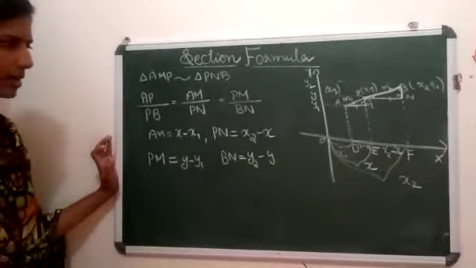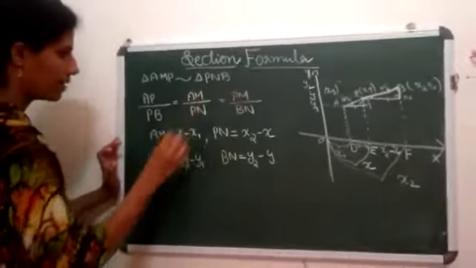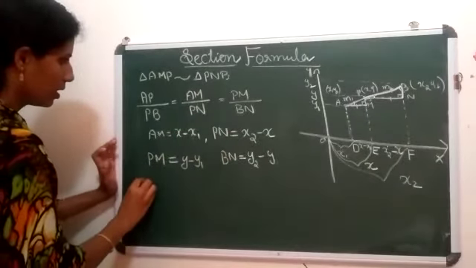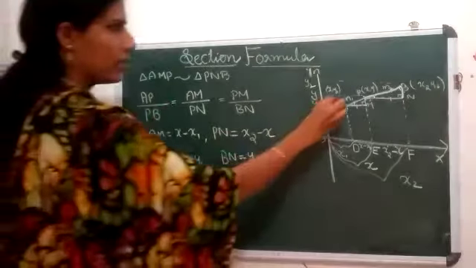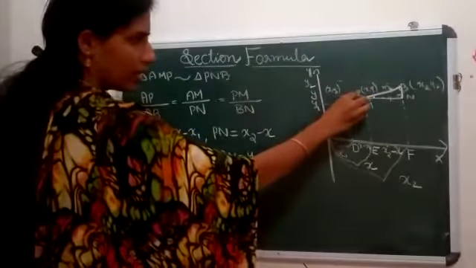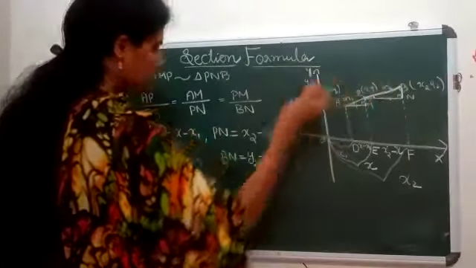So till here, is that clear? Now we are going to apply the values here. AP by PB. AP, the distance we are given as m1, and PB is m2.